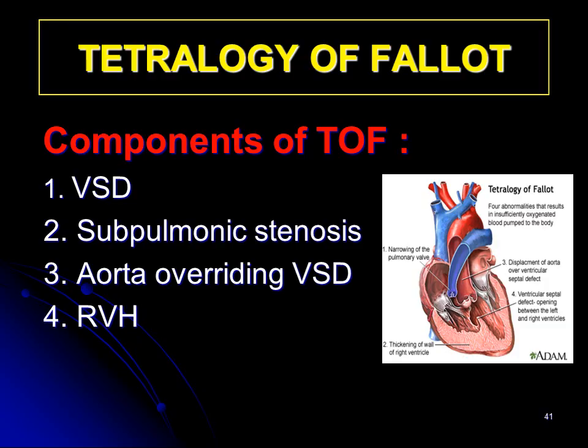All of these features result embryologically from anterosuperior displacement of the infundibular septum. During fetal life, the infundibulum does not rotate to its normal anatomic location, with developmental arrest of the septum at the mid portion.